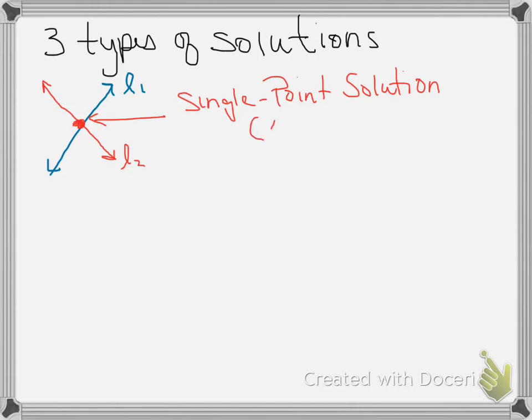And they contain x and y coordinates. That's what these two lines have in common. They intersect at that point, so they touch one time. To let you know that they're touching one time, there are other terms. We also can say that these are consistent systems, and that they're independent.